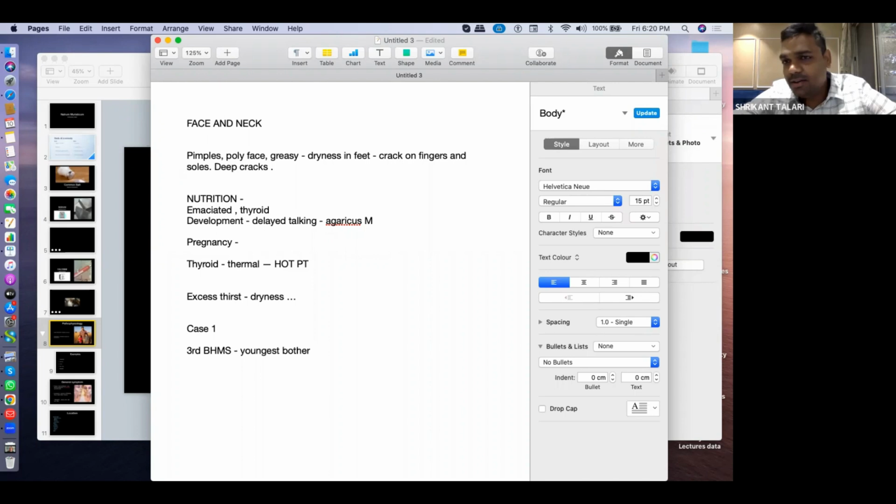Even though I was studying homeopathy, my family, especially my mother, had no belief in homeopathy. They feel this is no medicine. She will always believe in antibiotics and all this. So he was around, I think, 10 years old at that time.